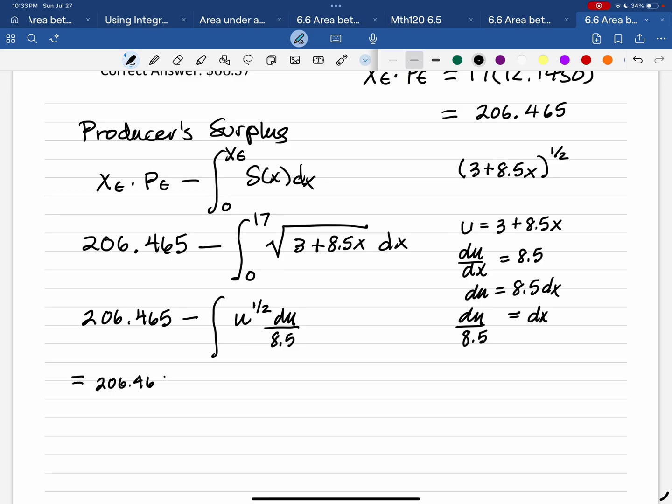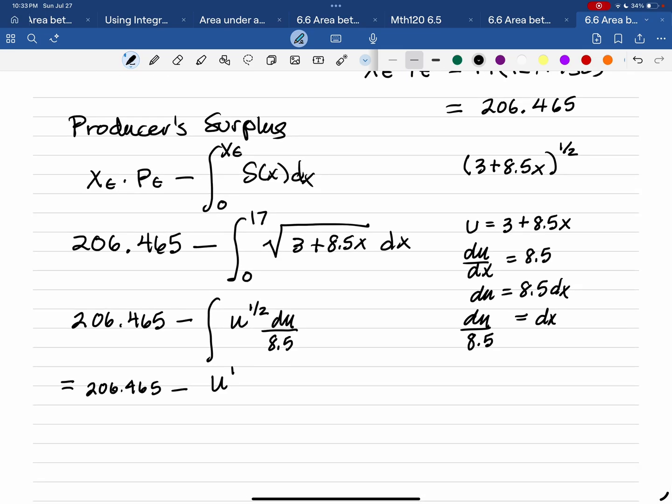206.465 minus u to the 1/2 plus 1 over 1/2 plus 1 times 1 over 8.5. Don't forget that 8.5 is down there in the denominator.